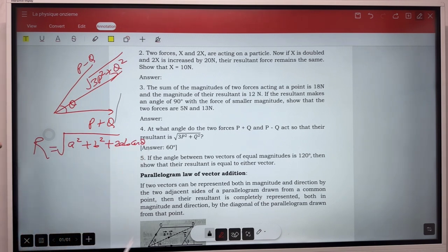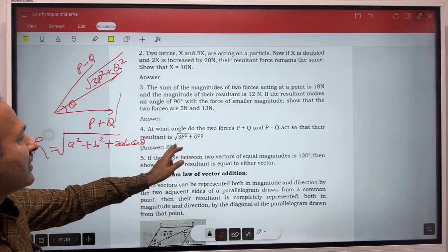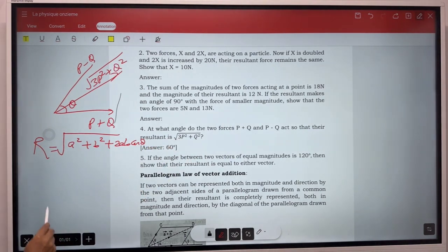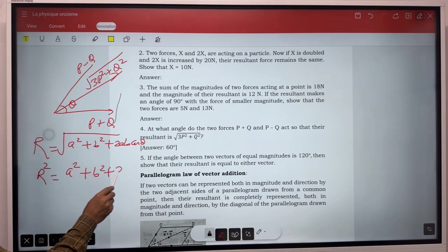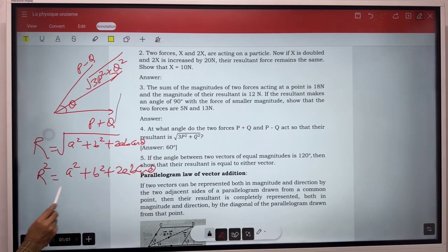The value of R is this much, so you can write this value. And if you square it, it becomes R square equals a square plus b square plus 2ab cos theta. So in place of R square, we write 3P square plus Q square.